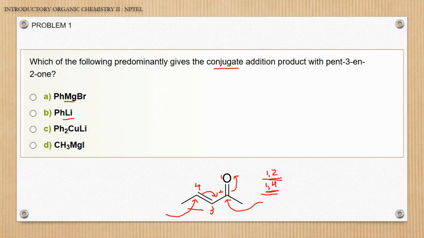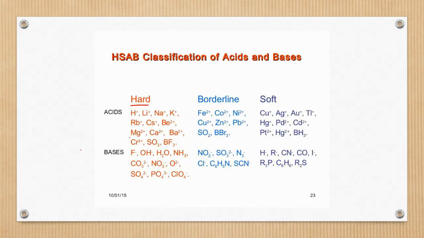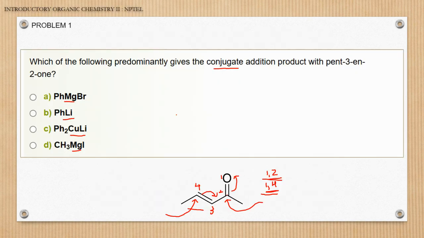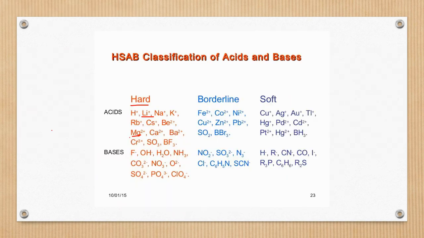So here magnesium is there, lithium is there, here copper and lithium are there, and this is magnesium again. So we are talking about three metals. Now you can see from this table that magnesium and lithium belong to the hard family, and copper belongs to soft.